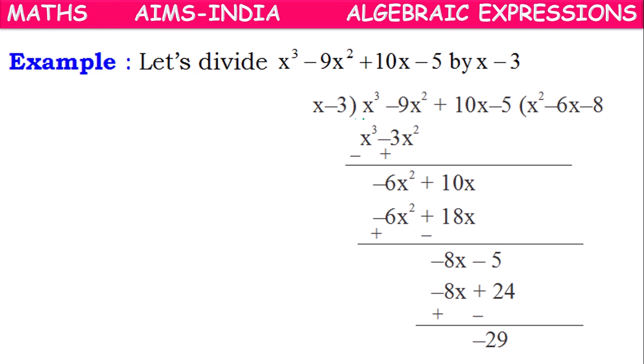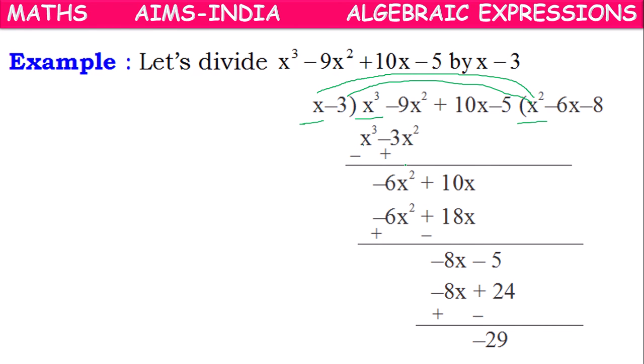If we divide the first term of the dividend with the first term of the divisor, we will get the first term of the quotient. But with that, we have to multiply all terms of the divisor: x square into x cube, to be written below the like terms, and x square into minus 3x square.